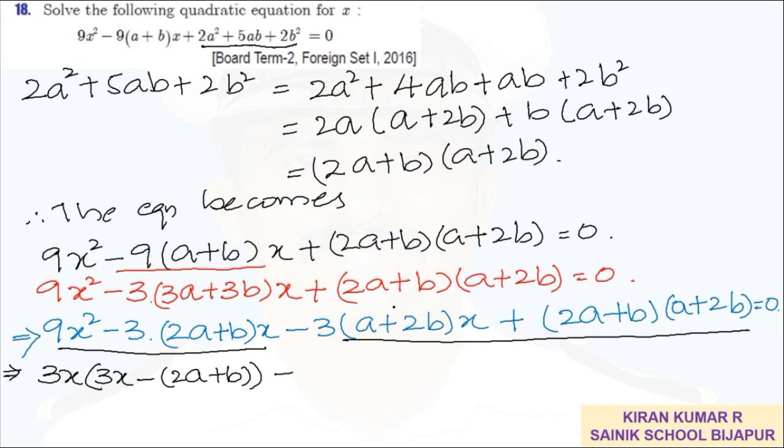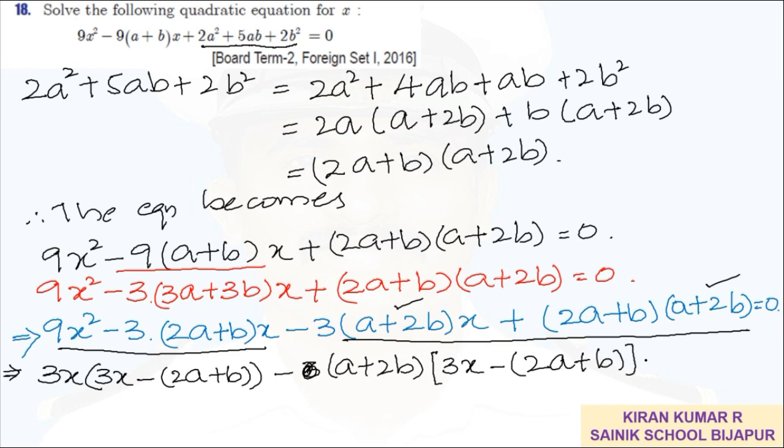Minus, in these two terms we have a plus 2b, so a plus 2b I'll take common, will be left out with 3x minus whatever remains, 2a plus b remains, equal to 0.